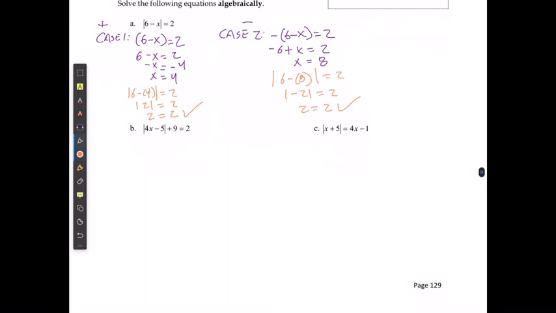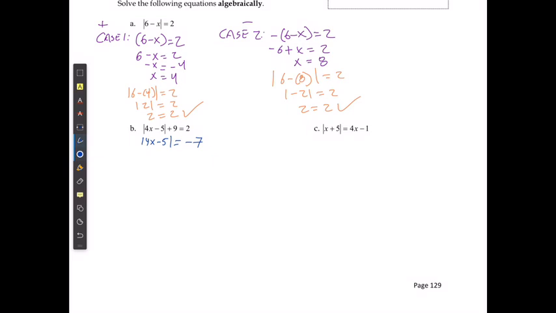For example B, I need to start by isolating the absolute value. So I'm going to say the absolute value of 4x minus 5 is equal to, when I move that, 9 over negative 7.